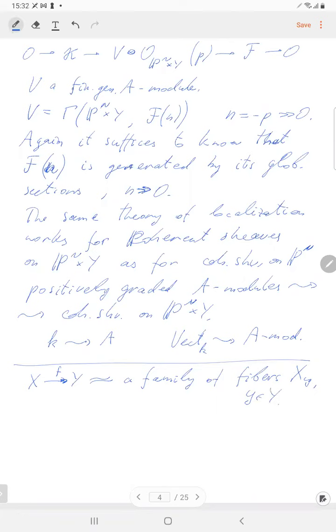And then, for example, given this, you can consider many associated families, like family of cohomology of fibers, or cohomology of fibers with coefficients in some sheaf, that is also, say, a family of sheaves over the fibers.